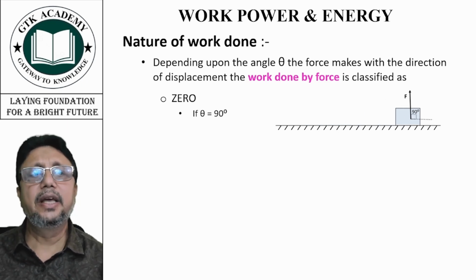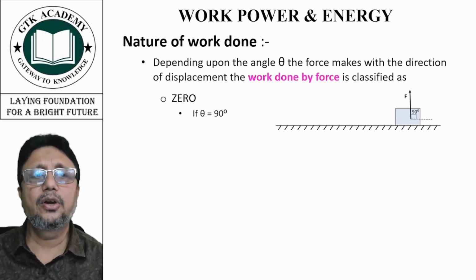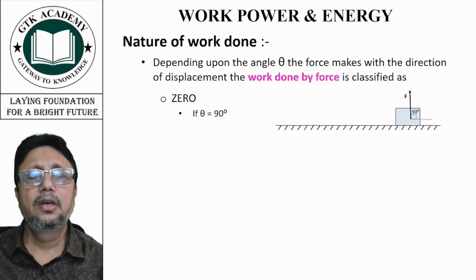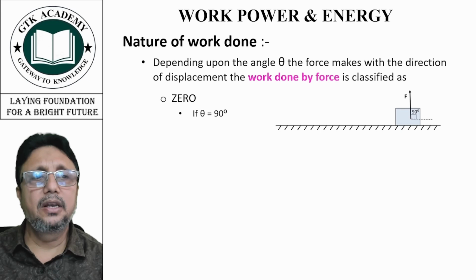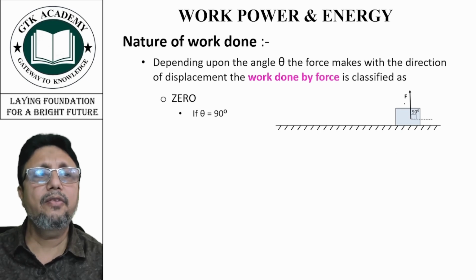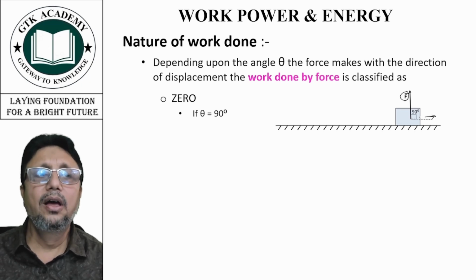So there is no displacement in the direction of force. That means the work done is 0, and you cannot have any component of this F in this direction, because the component, cos 90, will be 0.